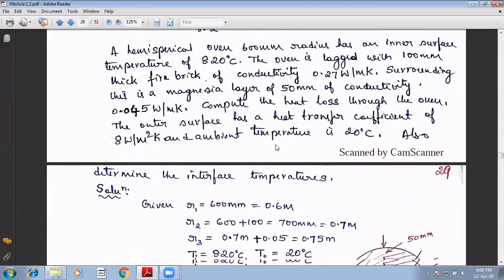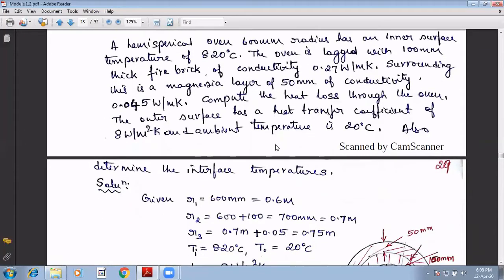So this is on sphere. The problem statement goes like this. A hemispherical oven, 600 mm radius, has inner surface temperature of 820 degrees Celsius. The oven is lagged with 100 mm thick fire brick of conductivity 0.27 watt per meter Kelvin.